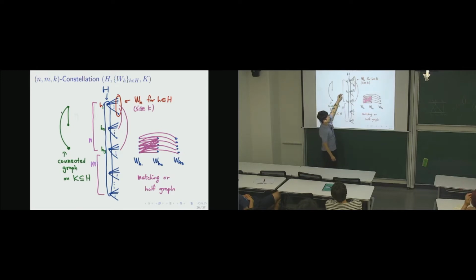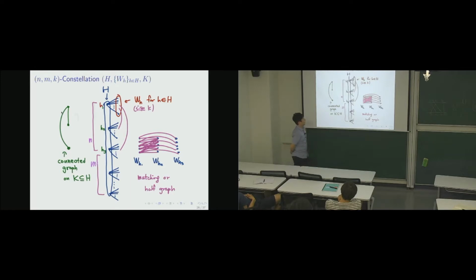You have a huge set of disjoint stars here, where the sets of centers are independent. And between two stars, from the center to the leaves, there are also no edges. So you might have only edges between the leaves of them. Okay, so this is the thing.